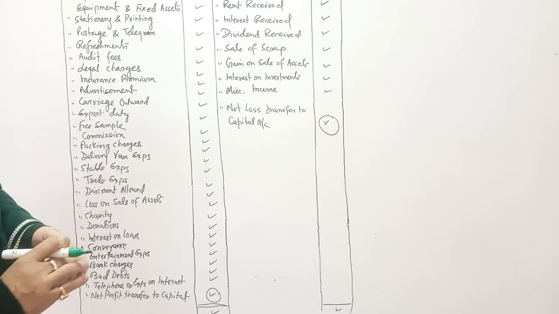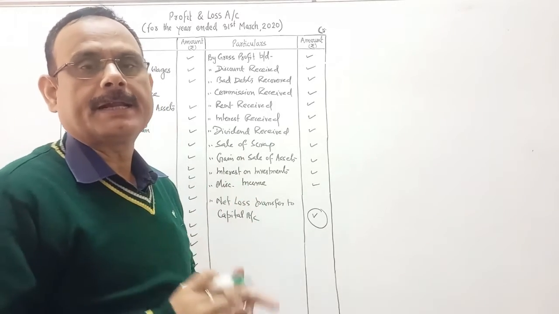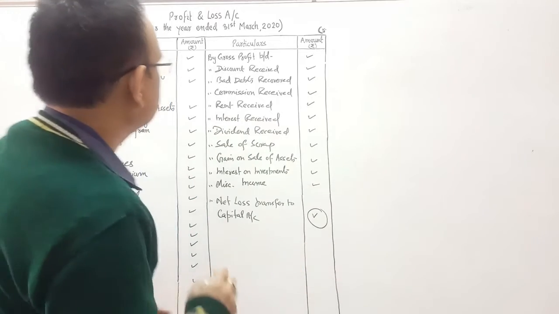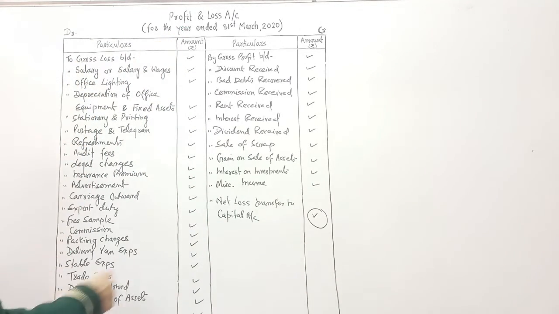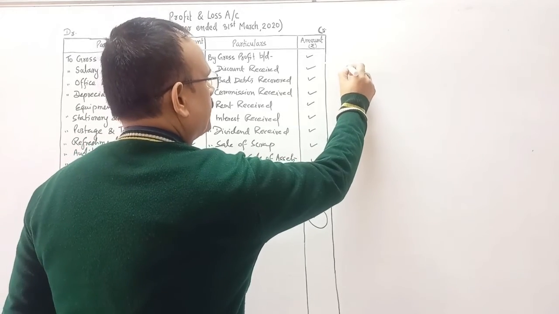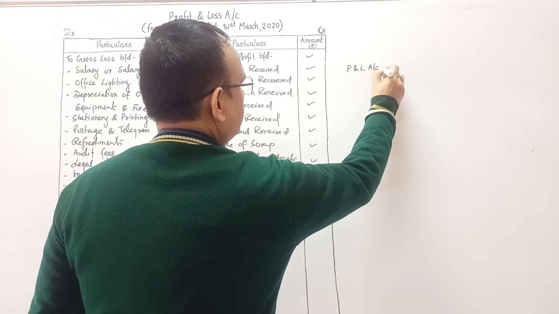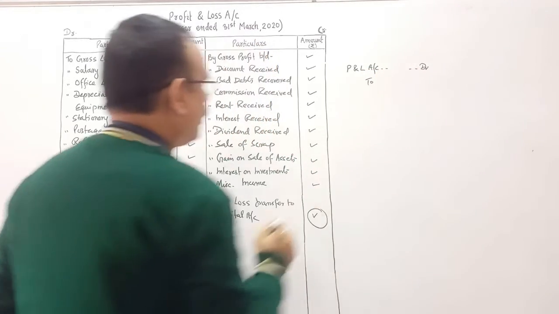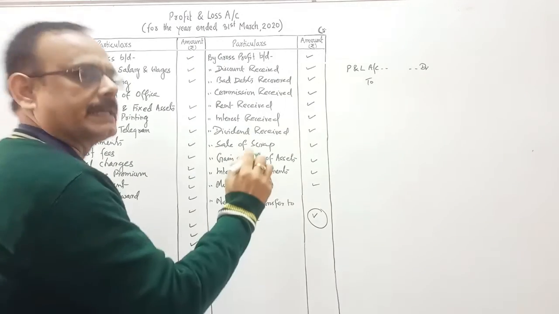Is it clear? Now come to the journal entries related to profit and loss account, how these ledgers are closed. You see the profit and loss is debited and these are credited. So the entry will be profit and loss account debit to all these expenses, right from salary to the last, we will close it.